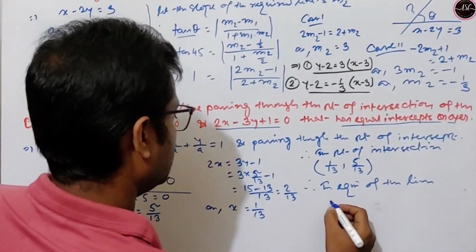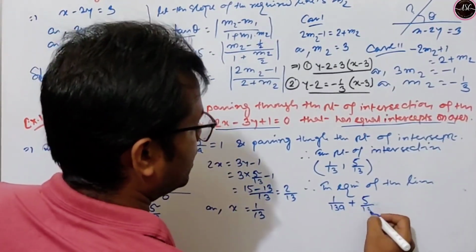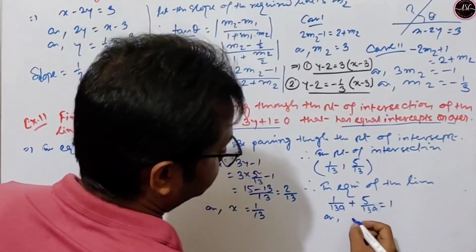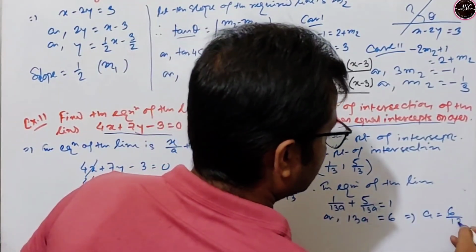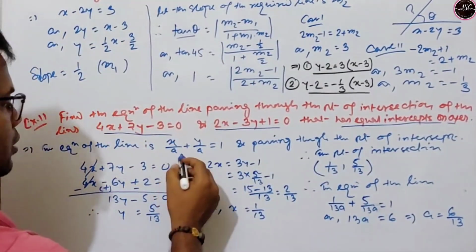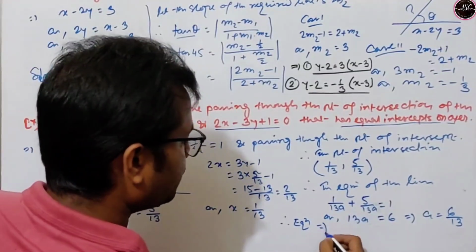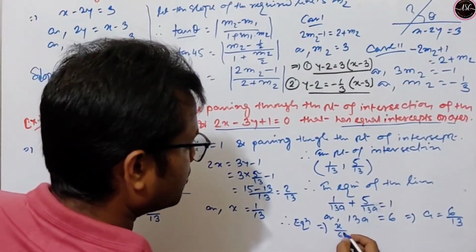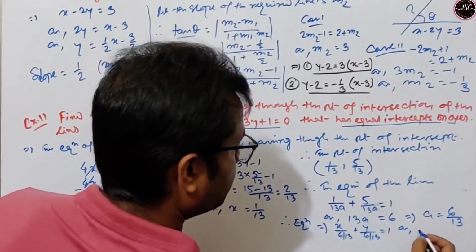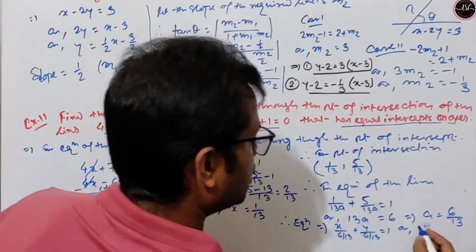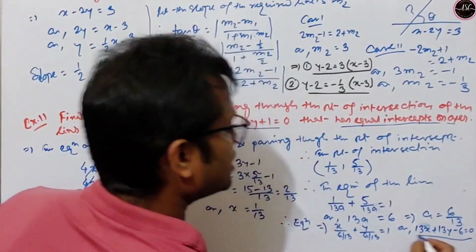So putting here 1 by 13a plus 5 by 13a equal to 1, or 13a equal to 6 implies a equal to 6 by 13. So the equation will be x by 6 by 13 plus y by 6 by 13 equal to 1, or 13x plus 13y minus 6 equal to 0. This is the required equation.